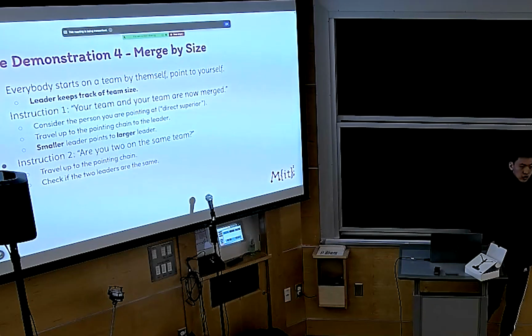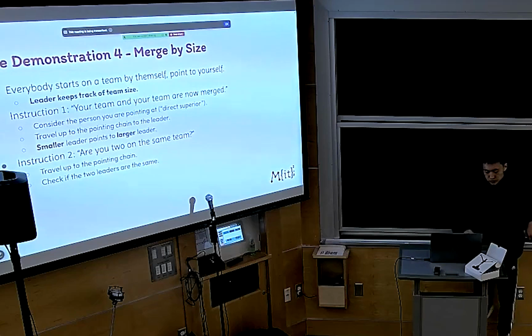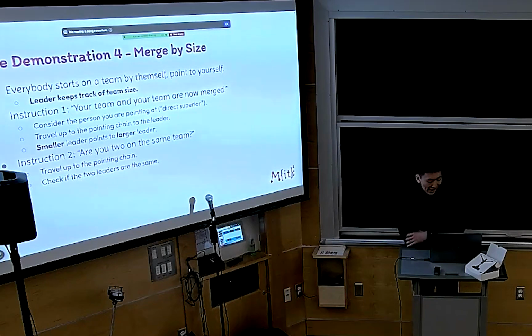You're still pointing at her, but your distance increased by 1, right? Because he used to be the leader, but now she's the leader. And now your distance also increased by 1, and then your distance increased by 1. That's a ton of distance increases, and that's really bad.